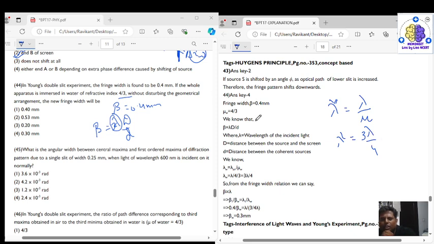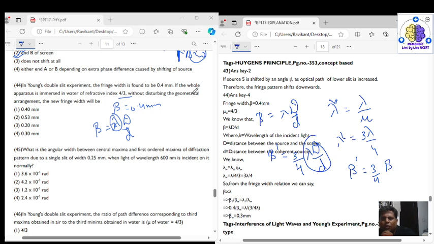So if initially beta was equal to lambda D by d, now the new beta dash is equal to 3 by 4 times lambda D by d, and lambda D by d is nothing but beta. So the new fringe width beta dash is equal to 3 by 4 times beta.